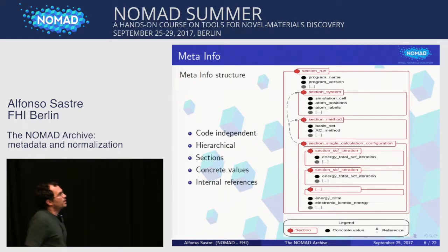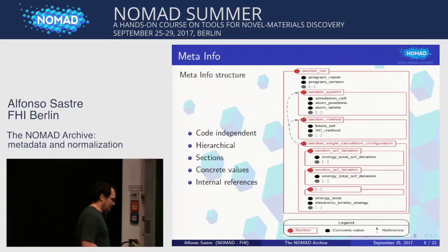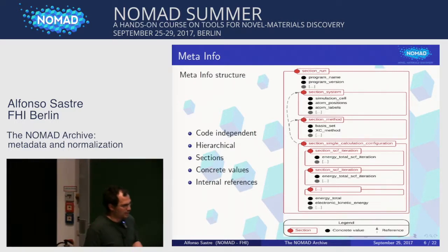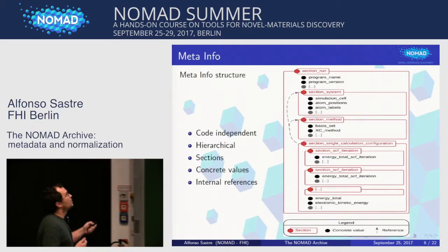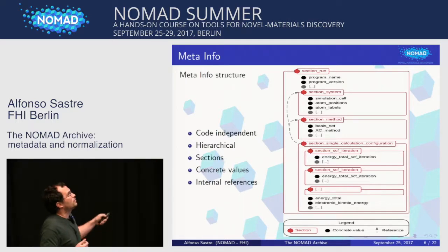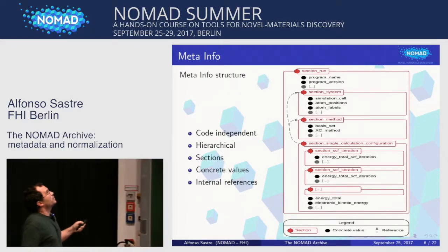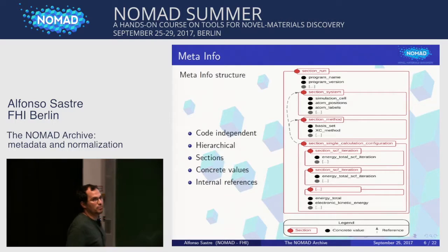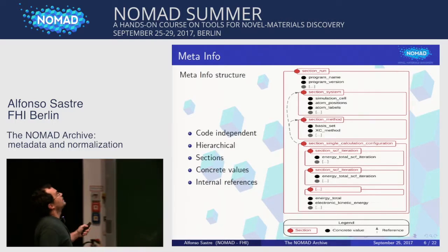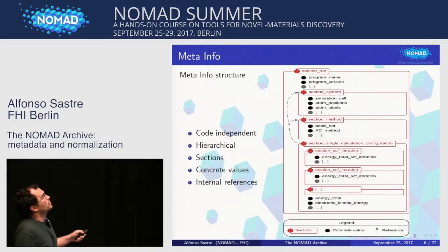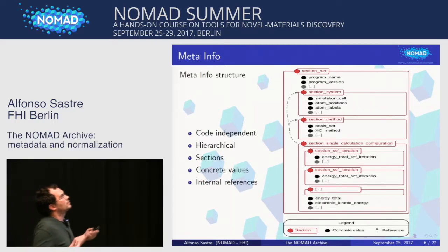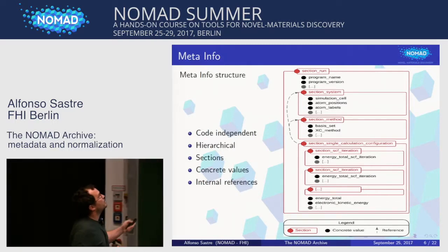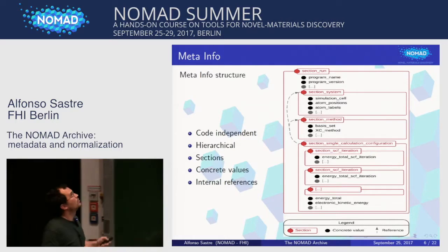So the idea is we are not going to use, let's say, a normal relational database. We are going to use this nested format where the starting point is always a section run that refers to the calculation. Then we have these other sections that are included, that in the language of a relational database are like tables, okay?